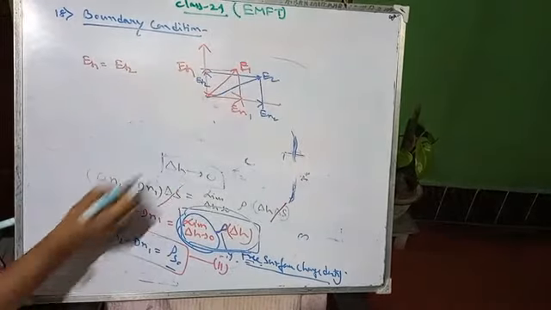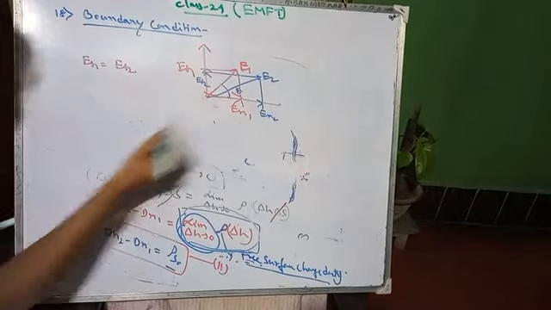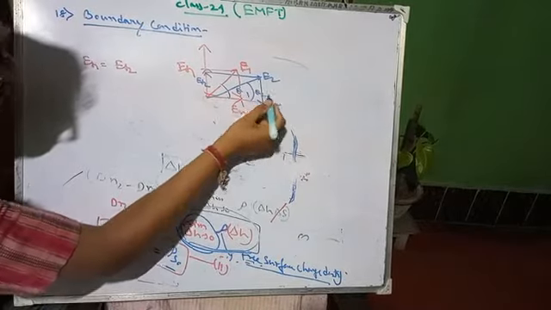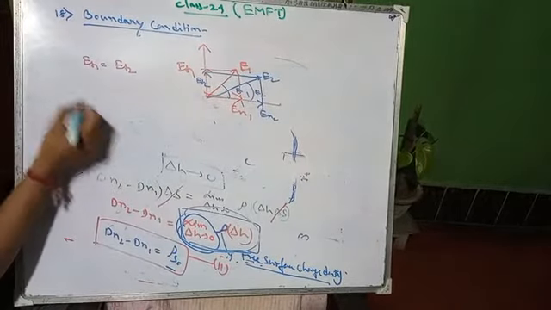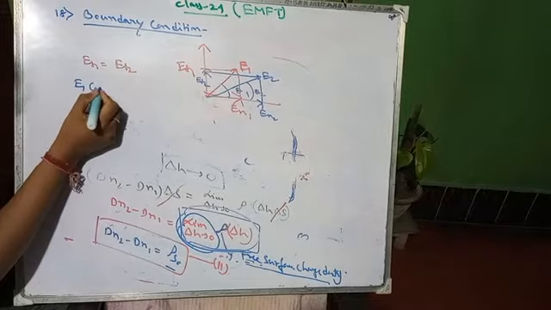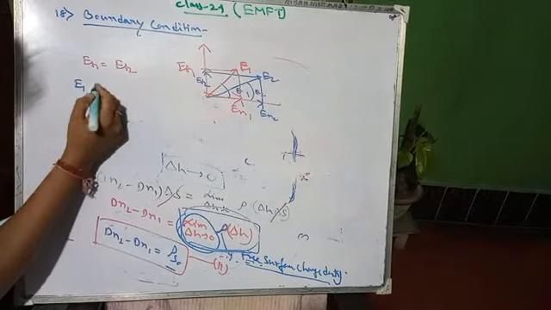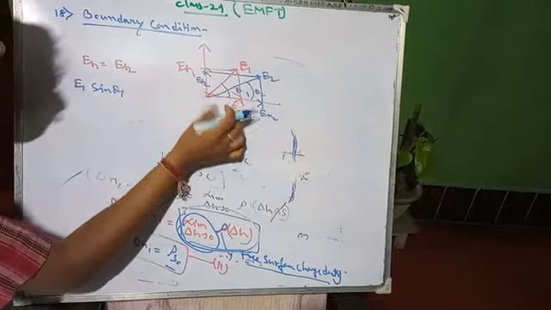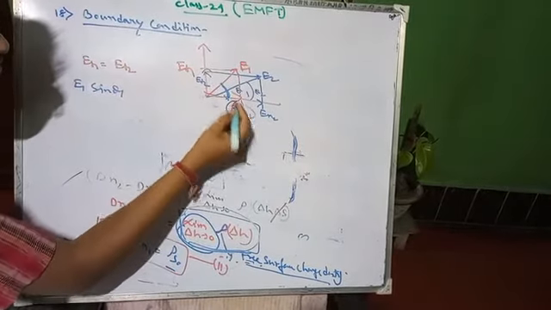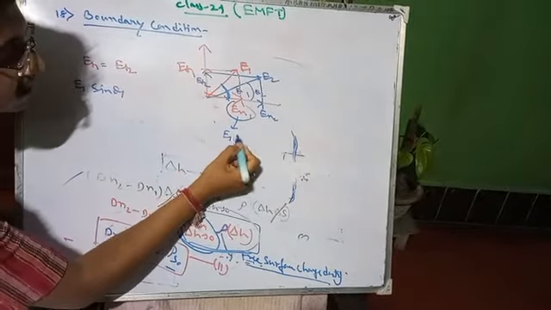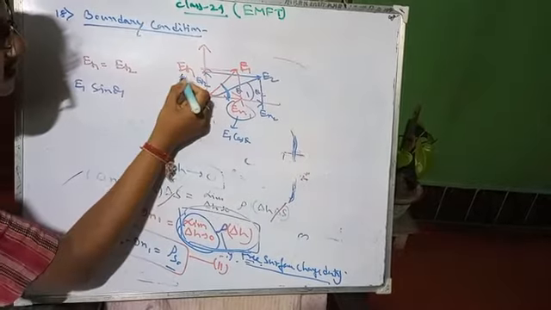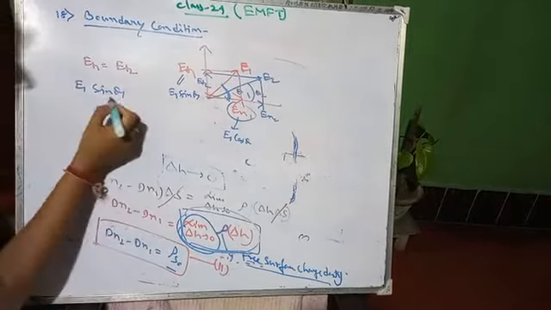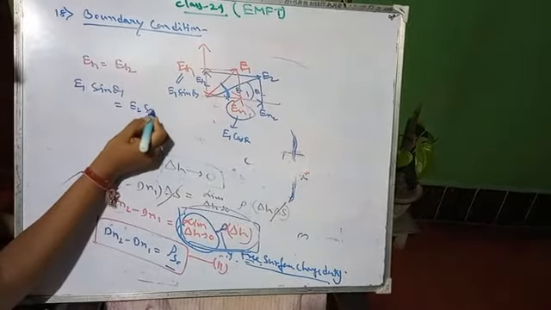Suppose this is theta 1 and this is theta 2. So Et1 can be written as E1 sin theta 1, because this is your E1 and this is the angle theta 1, so En1 is E1 cos theta 1, and Et1 equals E1 sin theta 1. So E1 sin theta 1 equals E2 sin theta 2.